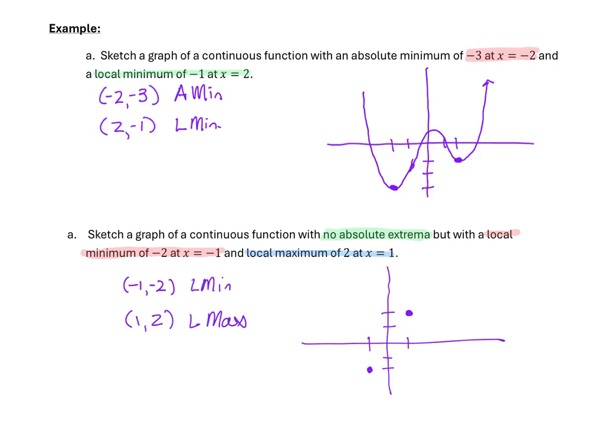In order to be our local minimum, that means I need to be going down and then back up. In order to be a local maximum, we need to be going up and then back down. And so this is a sketch of our graph.